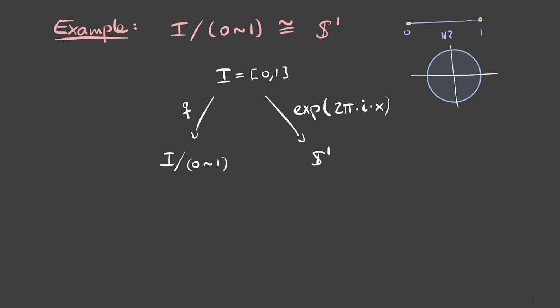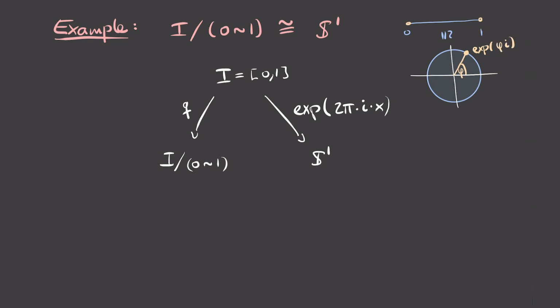So we have some angle phi, and in our case this is given by 2 pi times x, where x is some point in the unit interval. Then this point that I've drawn is going to be exp of phi times i.